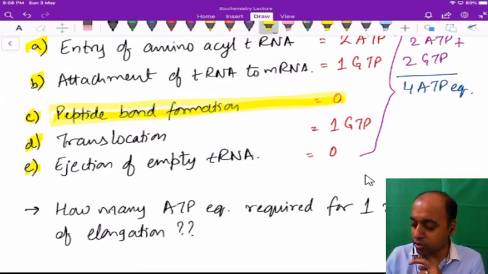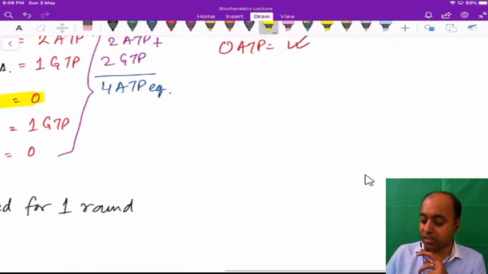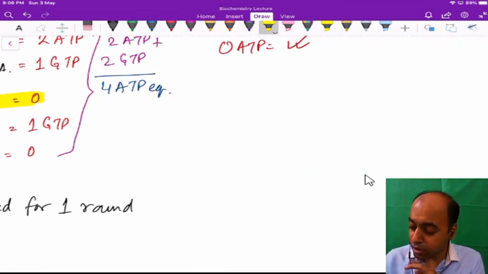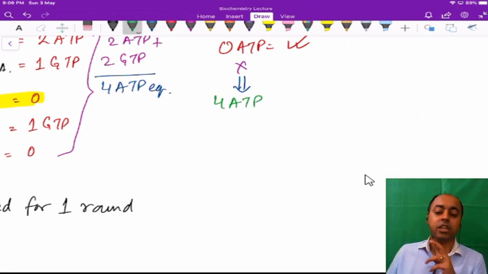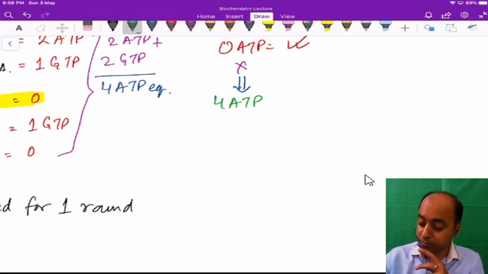If 0 is not there, the next best answer will be 4 ATP, because in that case the examiner is asking you what is the energetics for one round of elongation. So you have to be very careful about the question.